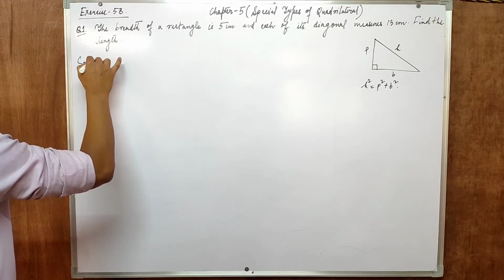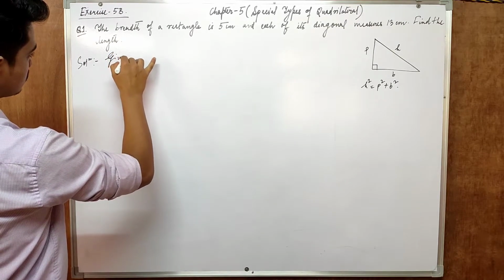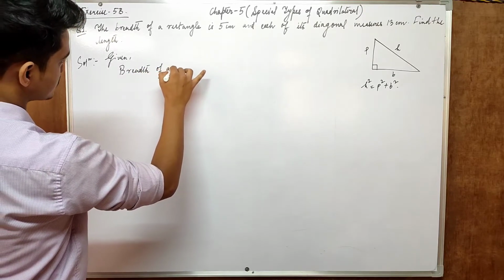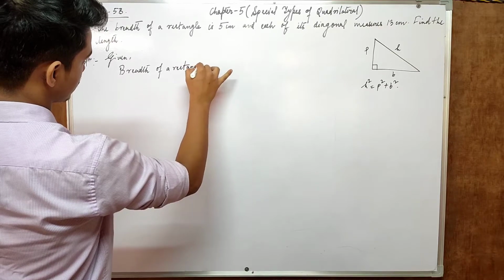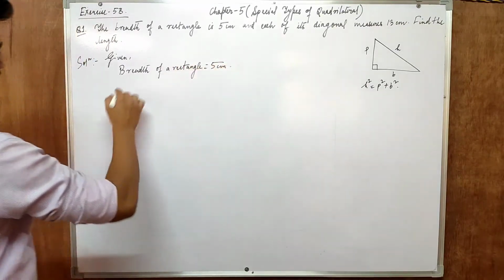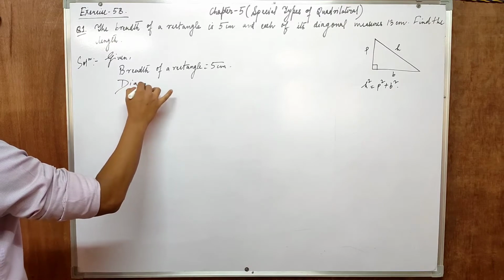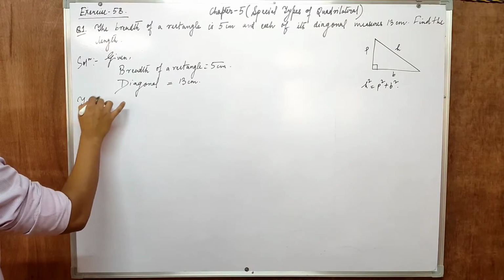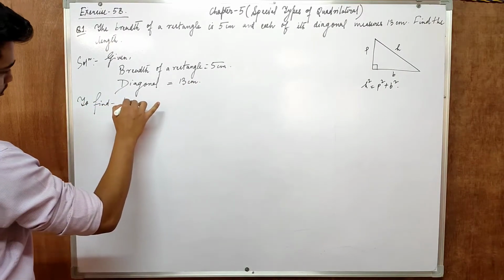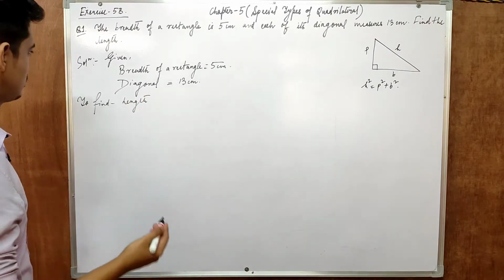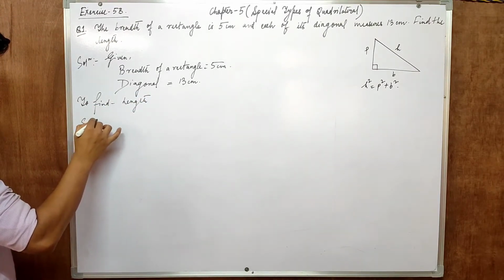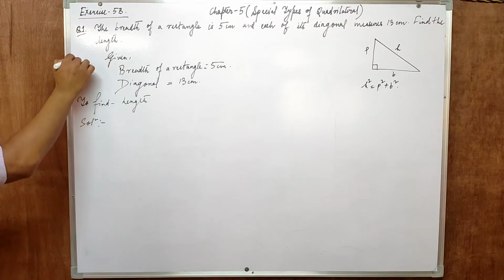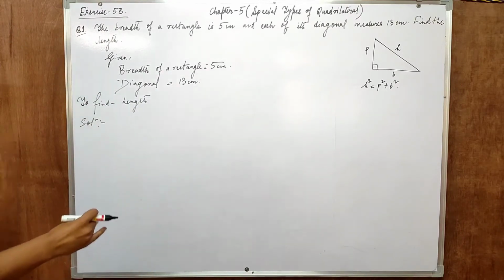Solution: given, breadth of a rectangle equal to 5 cm, diagonal equal to 13 cm, to find length. Now the solution will start.